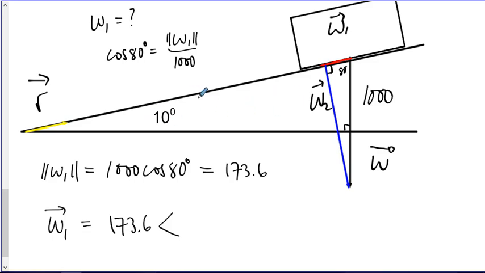So an easy thing to do here is I just know it has to be opposite the ramp, so I can get right to a conclusion to just say negative cosine 10 and negative sine 10. What I'm doing there is just saying that's the ramp vector, and I'm just putting negatives to get the vector in the opposite direction. So that was the answer that I had before for W1. All right, so that's it. I hope that's been a helpful video.